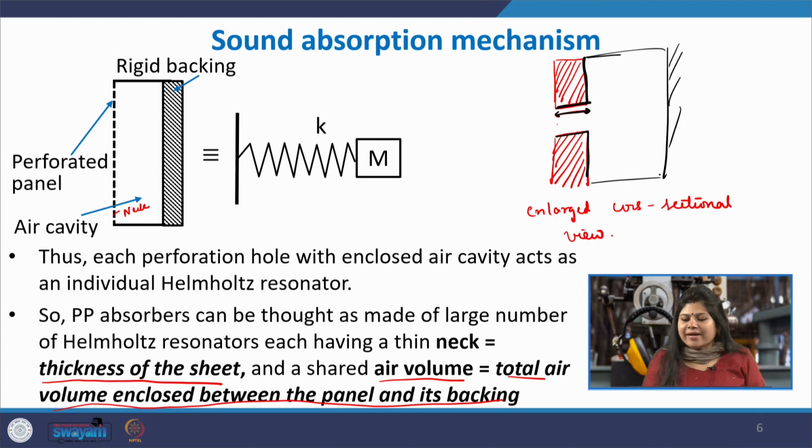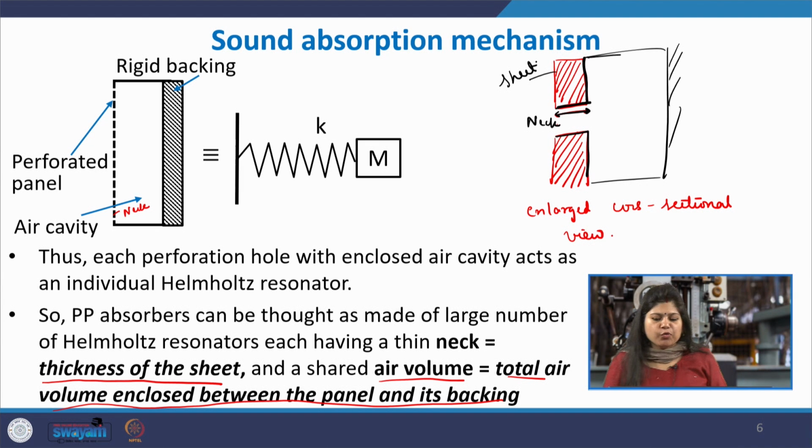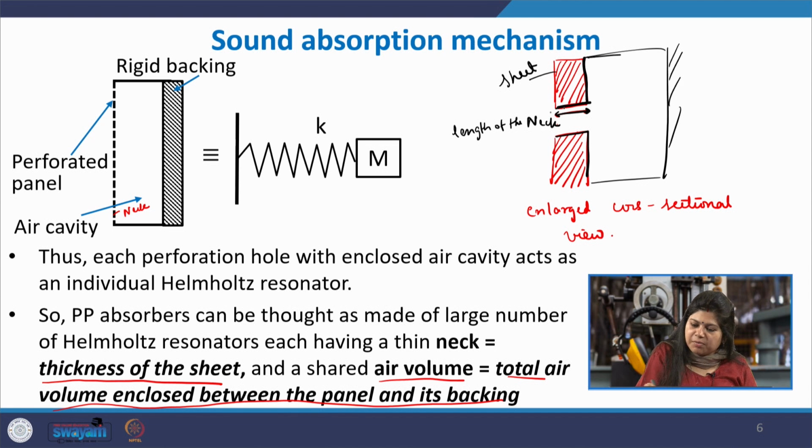So, here this acts as the neck, and what is this? This is actually the sheet which is making up the perforated panel. So, here the thickness of the sheet becomes the length of the neck. Because here this becomes your sheet, the thickness of the sheet where the sound waves are entering acts as the length of neck for an equivalent Helmholtz resonator.